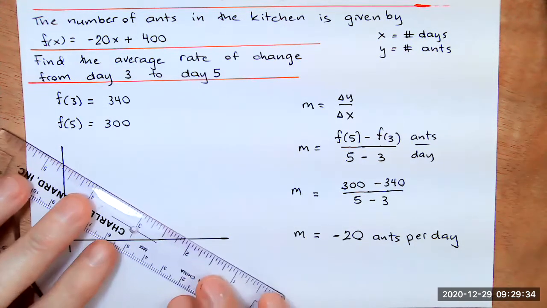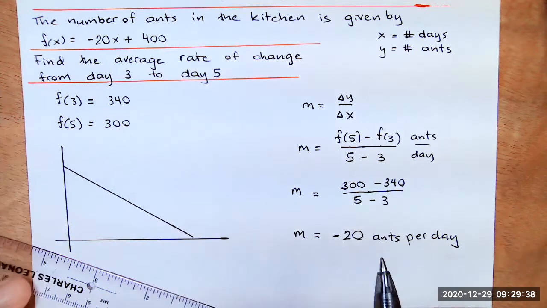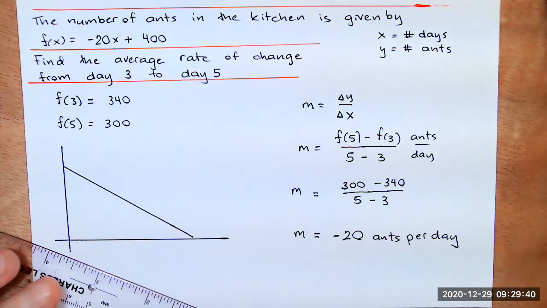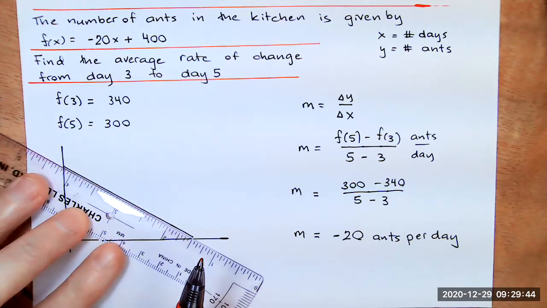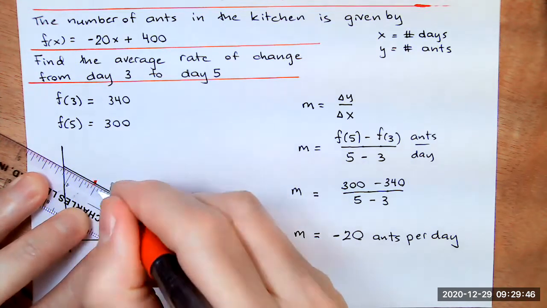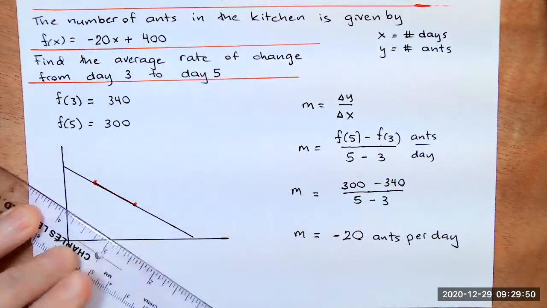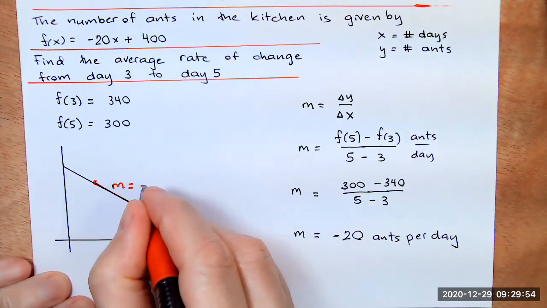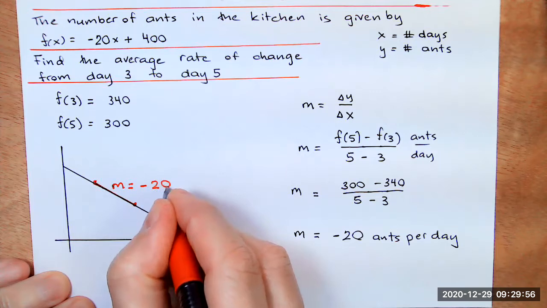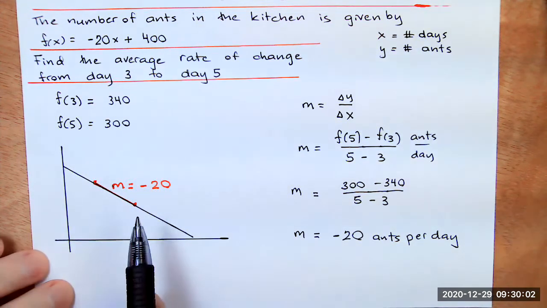So the average rate of change of that function is going to be the same for all of x, because the average rate of change is just the slope of the secant line between any 2 points. So the slope of the line is the same as the slope of the secant line when you have a linear function.